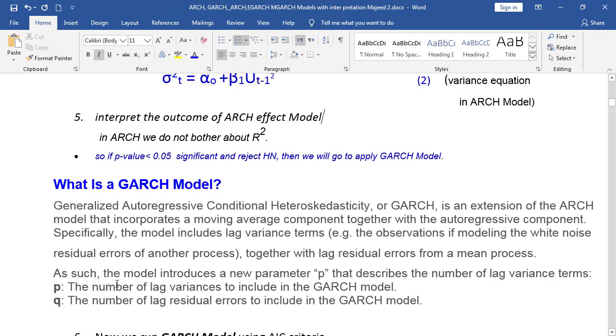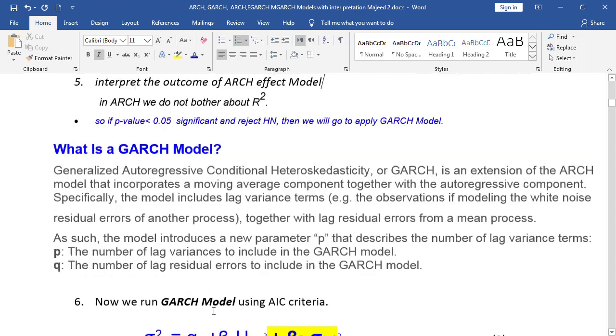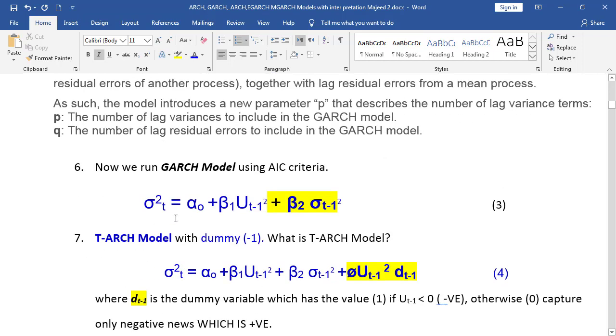As such, the model introduces new parameters: P, the number of lag variance terms included in GARCH, and Q, the number of lag residual error terms included in the GARCH model. And this is the GARCH model equation.